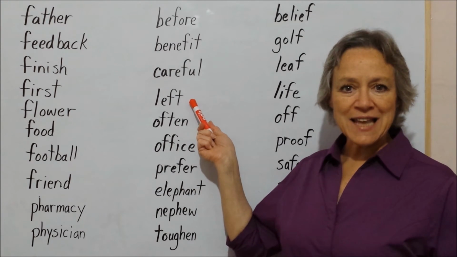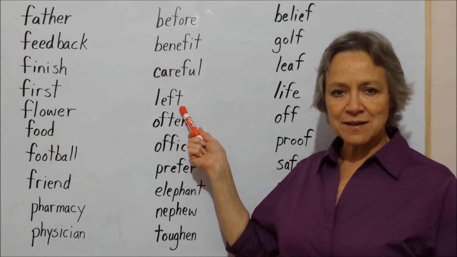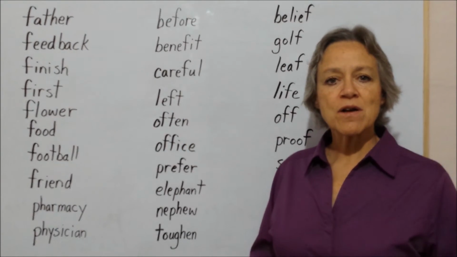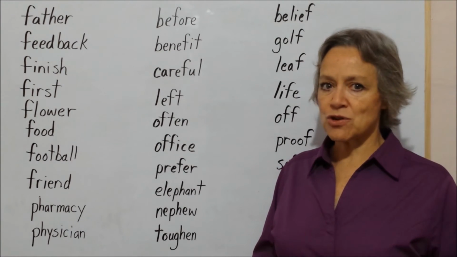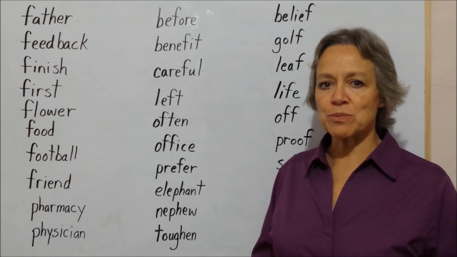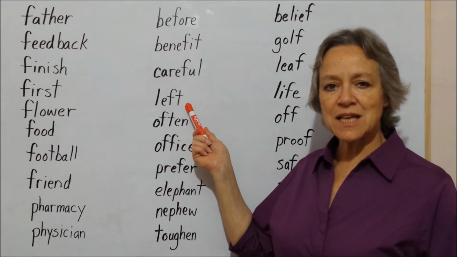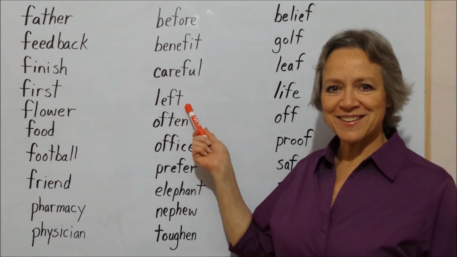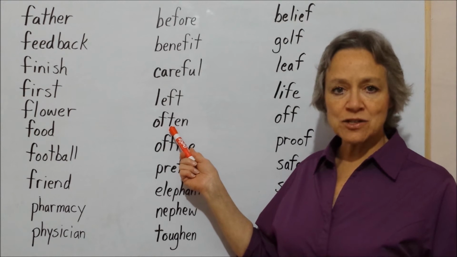Here we have left. We have the two letters F and T, and we move right from F to the T sound. There's no extra vowel sound between those. Left. Okay? I also have the letters F-T in this word.